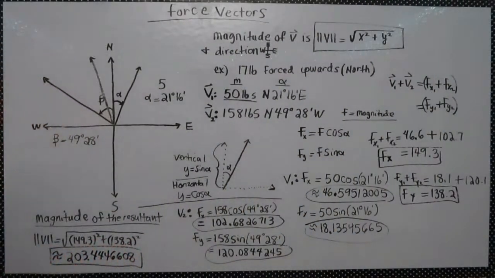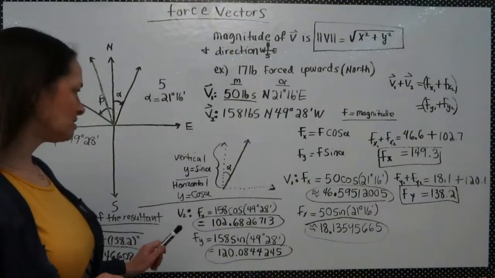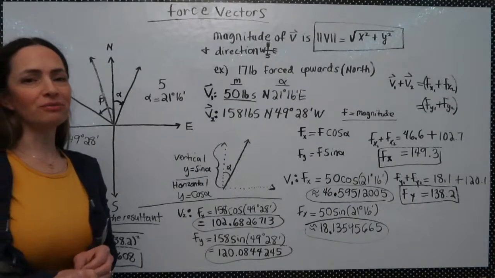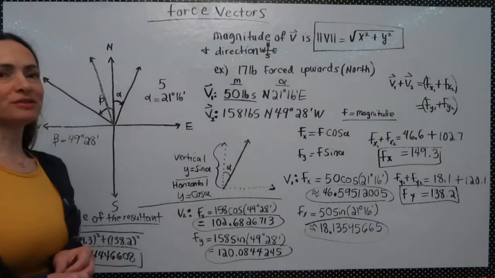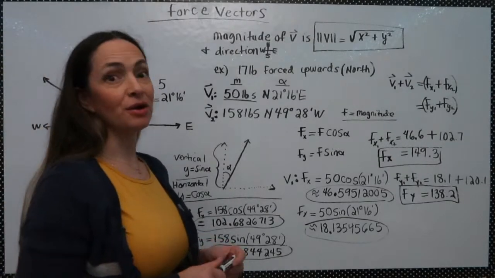Where was I? Okay, the magnitude of the resultant. So we got 149 and 138. I just need to find out which one's the sine and which one's the cosine because it's important. Tangent is opposite over adjacent. And then also in an earlier video, I showed that tangent was sine over the cosine.